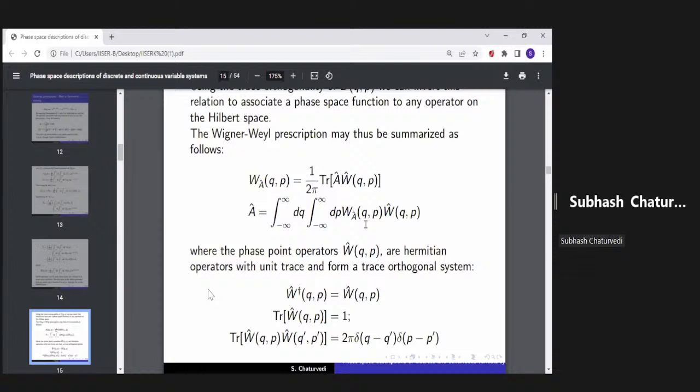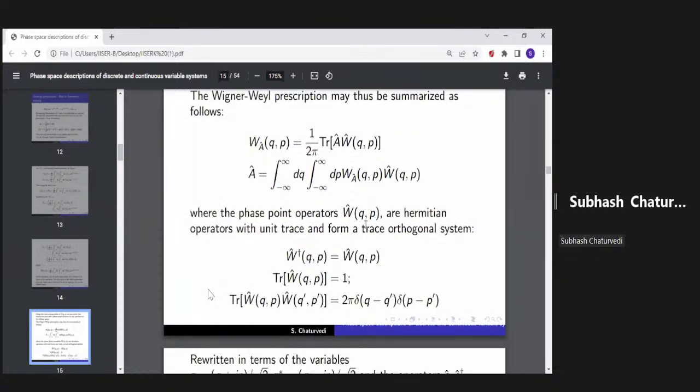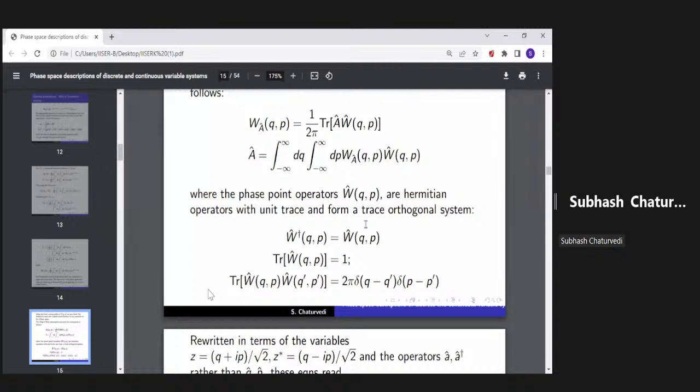All right. Now some of the properties of these phase point operators are given here. These are Hermitian operators, trace one, and satisfy this trace orthogonality condition.